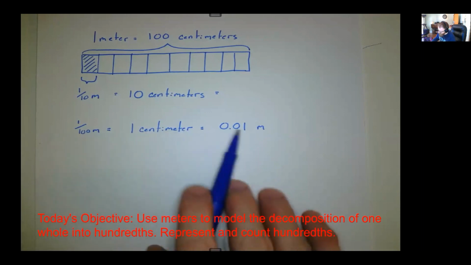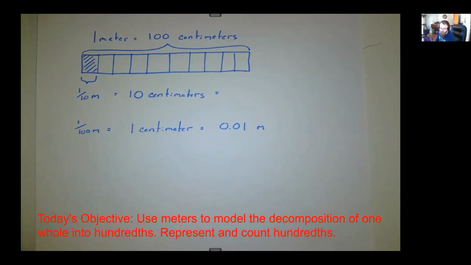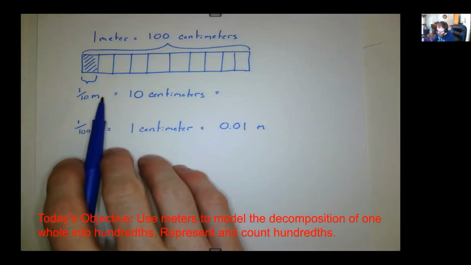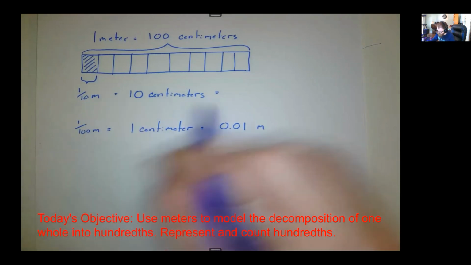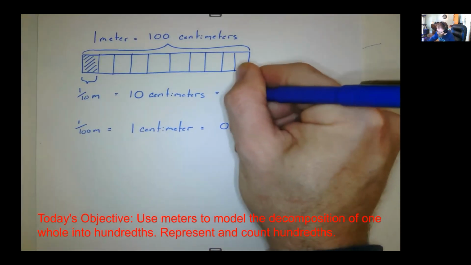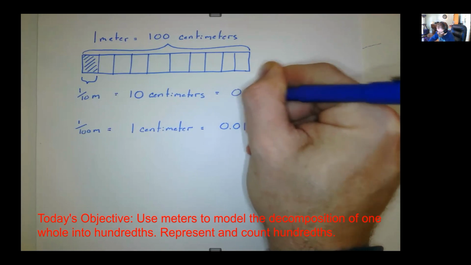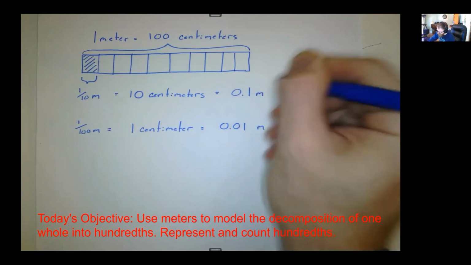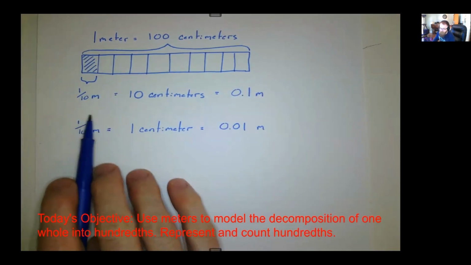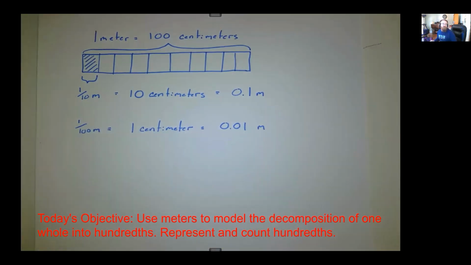These are all equivalent values. Now, 1/10 of a meter is written like this, 0.1 meters. Take 30 seconds and make sure that your paper looks like mine.